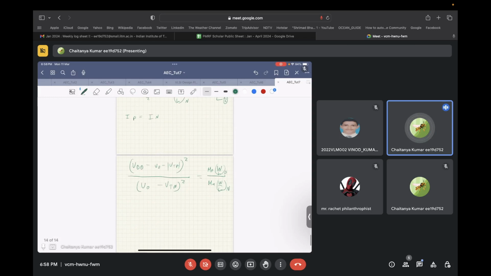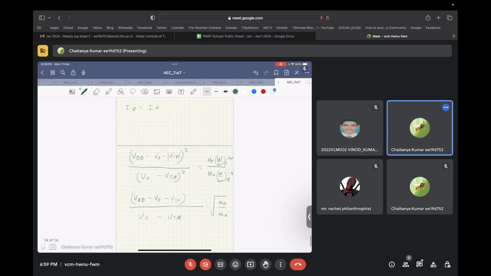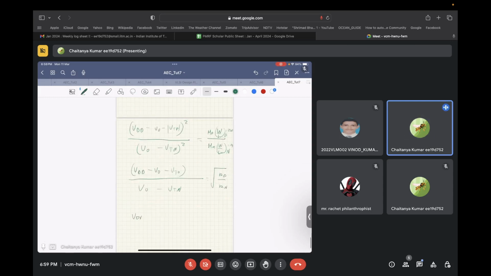Now taking the square root, we have VDD minus V naught minus VTP divided by V naught minus VTN is equal to the square root of Kp by Kn, where we call these Kp and Kn. So VDD minus V naught minus VTP is equal to square root of Kp by Kn times V naught minus VTN.